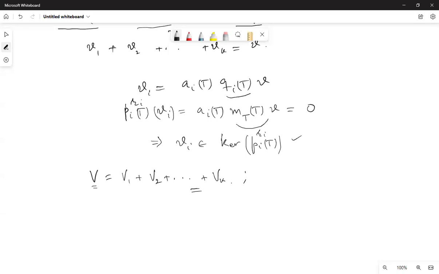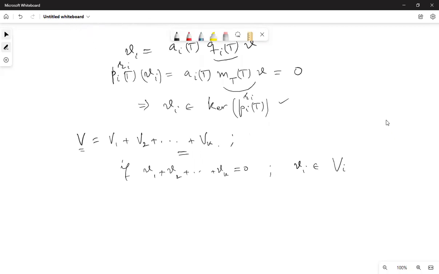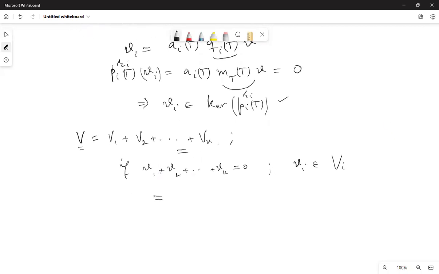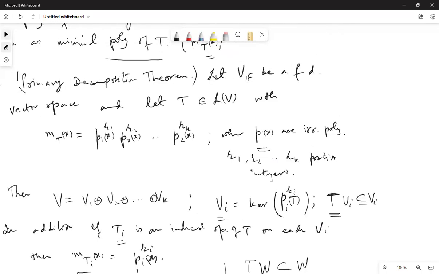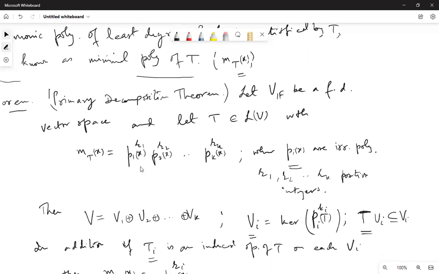We need that if v1 plus v2 plus vk is equal to 0, where vi belongs to Vi, then each vi is none other than 0. Then only would the theorem be completed up to the direct sum, which I claimed up to here.